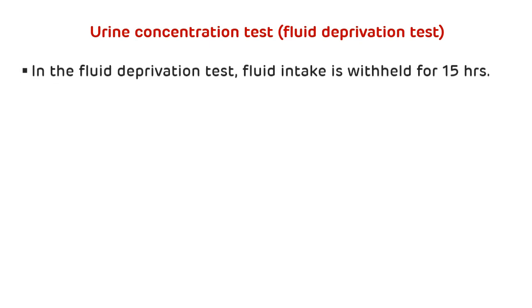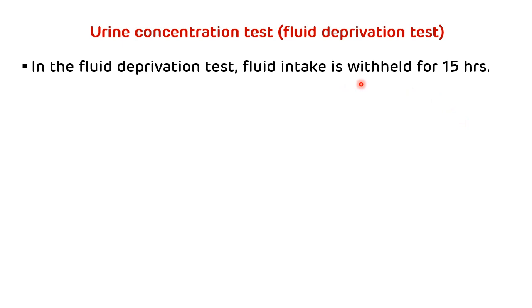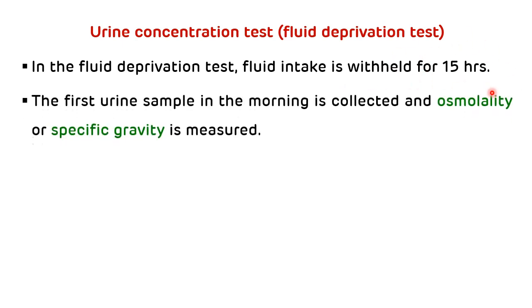The first one is the urine concentration test, which is known as the fluid deprivation test. In this test, fluid intake is withheld for 15 hours. The first urine sample in the morning is collected and osmolality or specific gravity is measured.